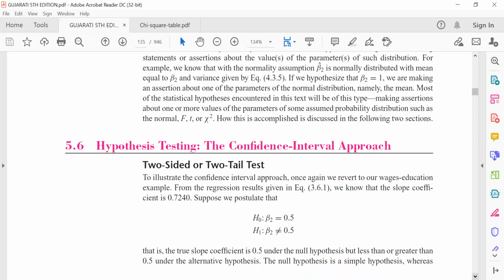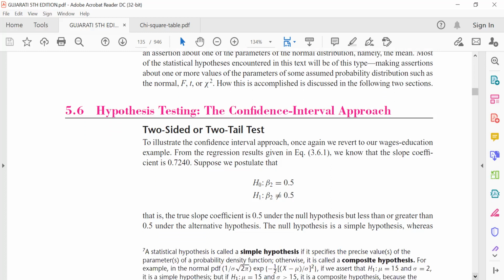To illustrate the confidence interval approach, once again, we refer to our wages education example. From the regression results given in equation 3.61, we know that the slope coefficient is 0.724. Suppose our objective is to test whether beta 2 is equal to 0.5 or not. For the null hypothesis, we state that beta 2 is equal to 0.5.